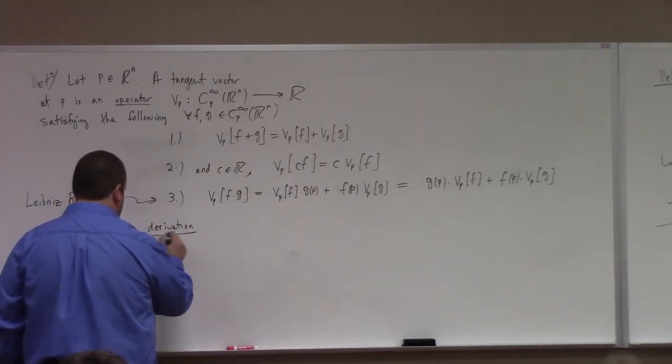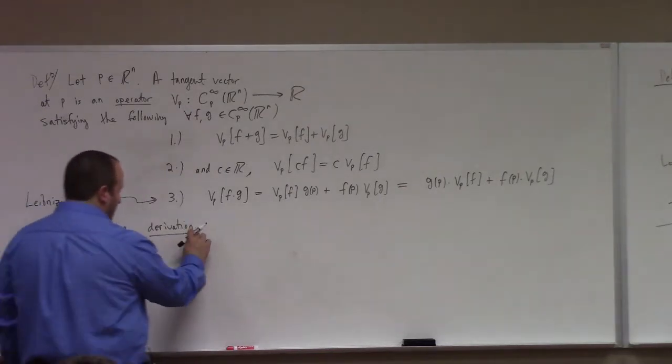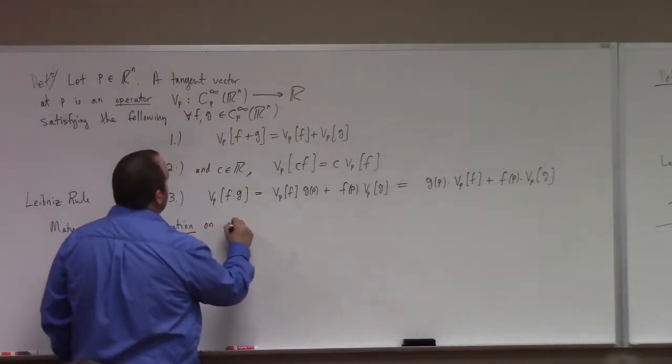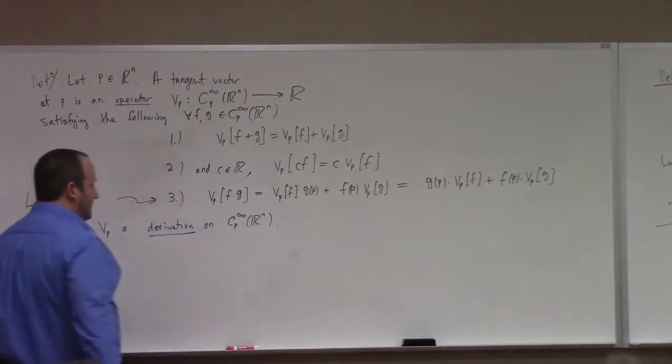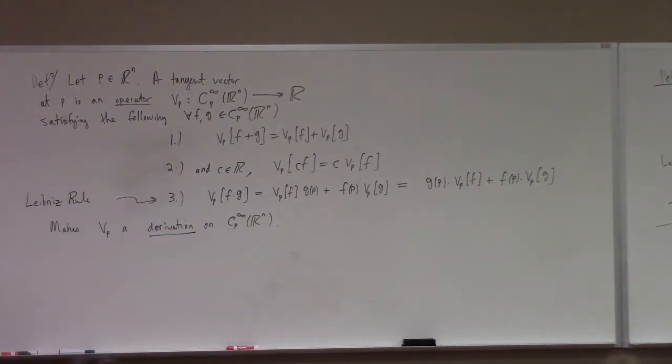Linear Leibniz is a derivation. Technically, it's a derivation on C_p infinity of R^n. Is that right? Yeah. So can you tell me any derivations?